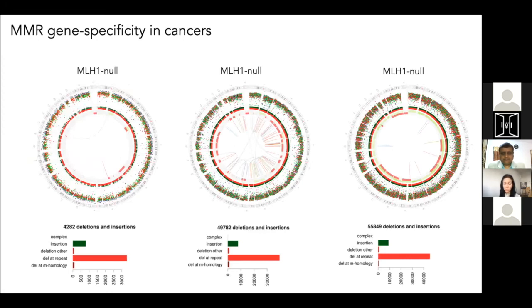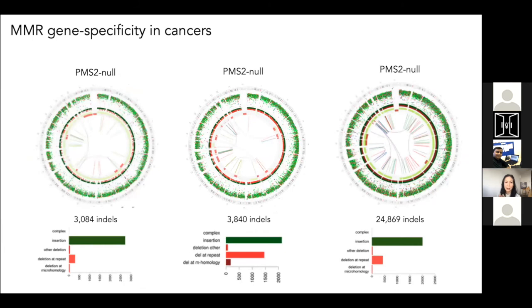Furthermore, that gene specificity is also seen in cancers. If you look hard enough, most of the time we just say it's mismatch repair deficient. But in fact, the MLH1 null tumors tend to have very particular substitution signatures, and they have this particular indel pattern, which we all recognize as microsatellite instability. These are deletions at polynucleotide repeat tracts. And then the PMS2 mutants have these green mutations.